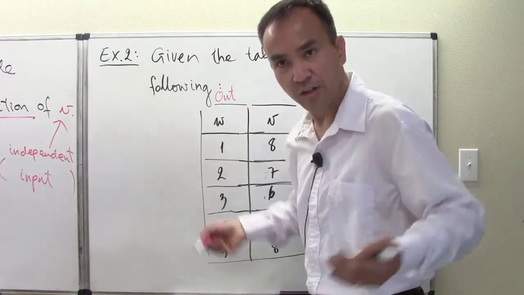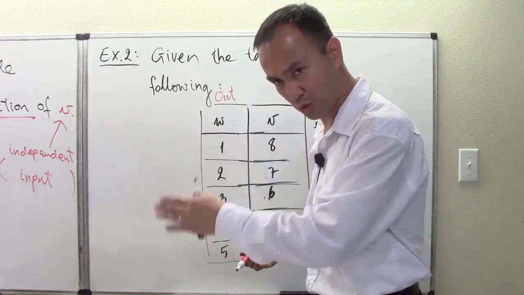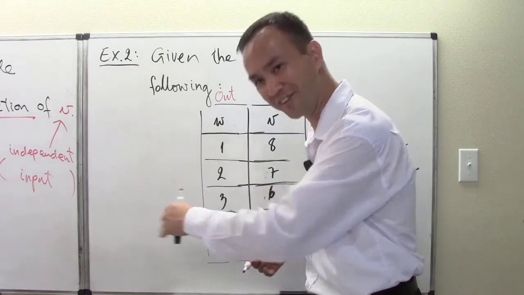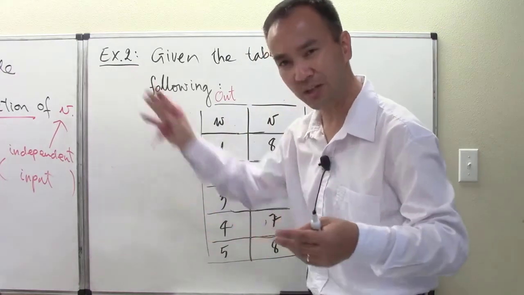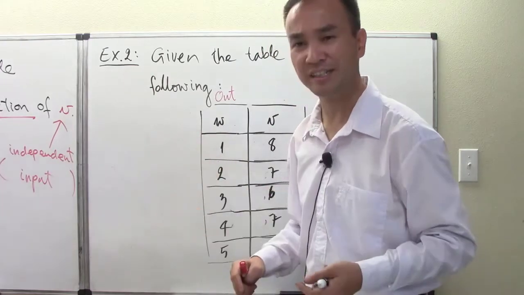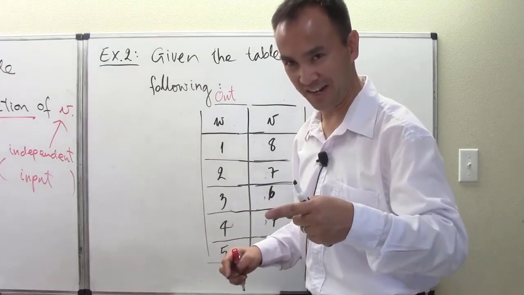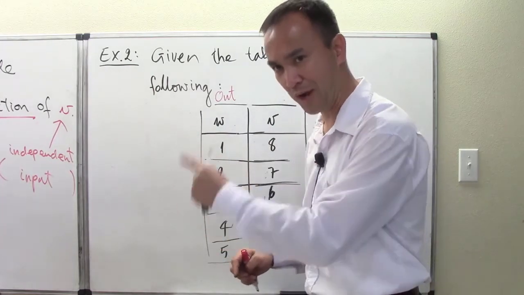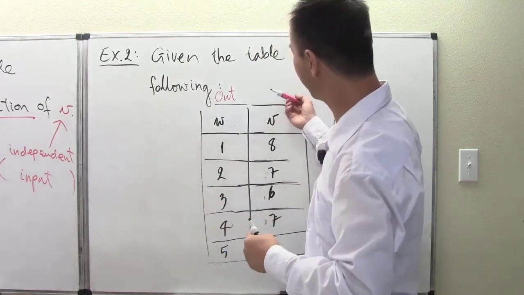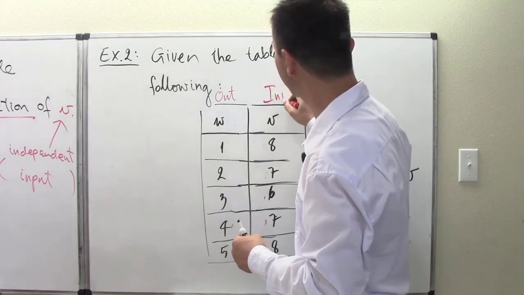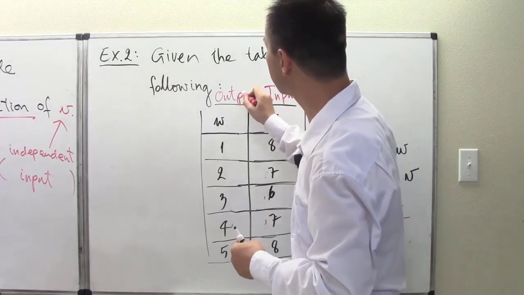We can want anything we want, but what we want should give us a function. We want whichever of the two variables to be the input and the other the output. What matters is whether what we want gives us a function. And this is now the input, and that's the output.